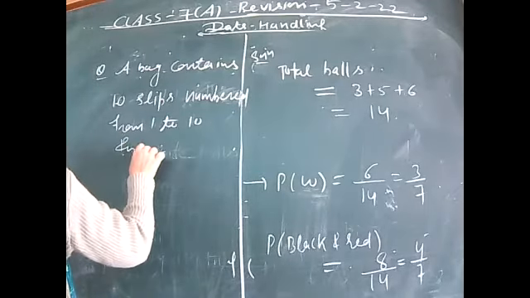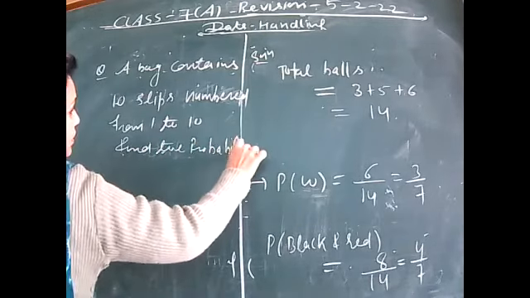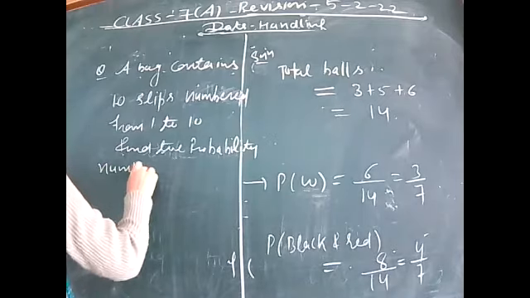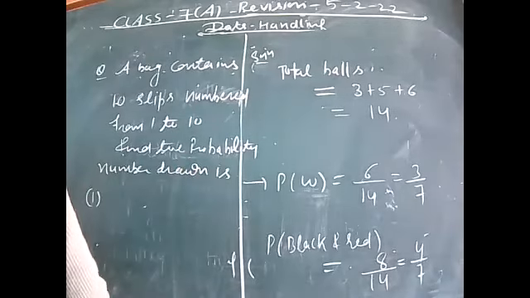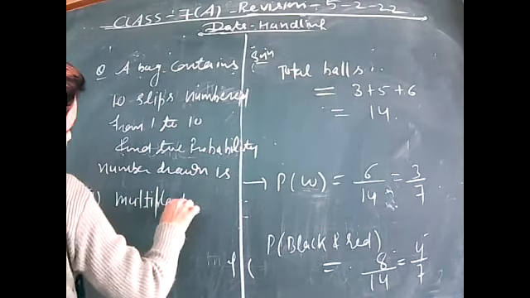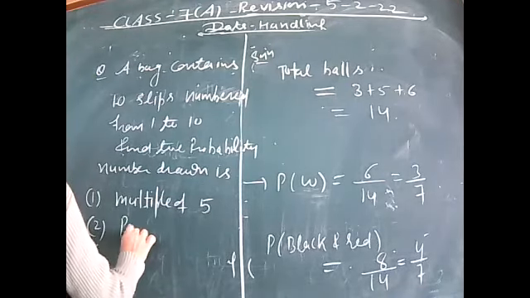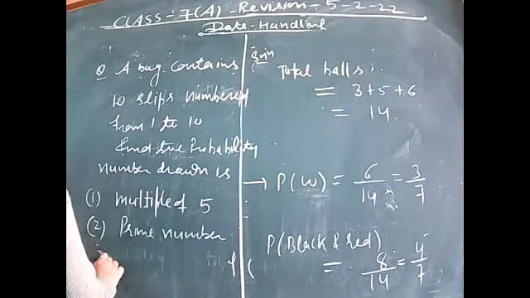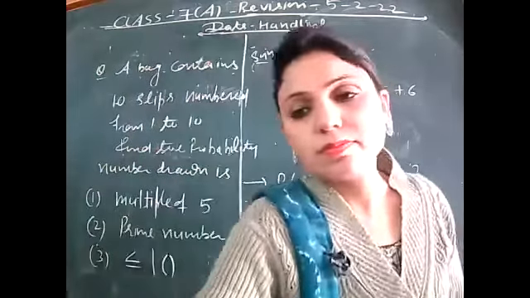Find the probability that the number drawn is multiple of 5, prime number, less than equal to 10. So let's do this.